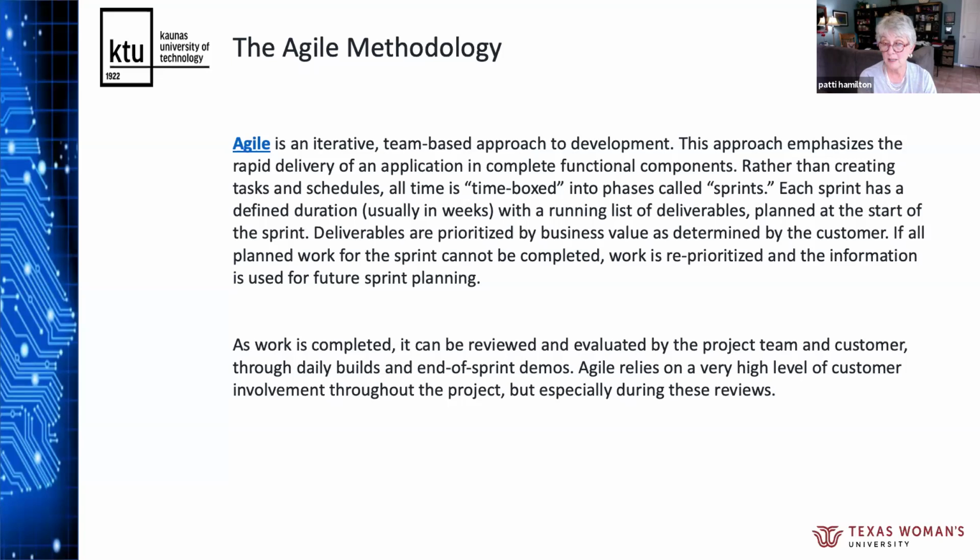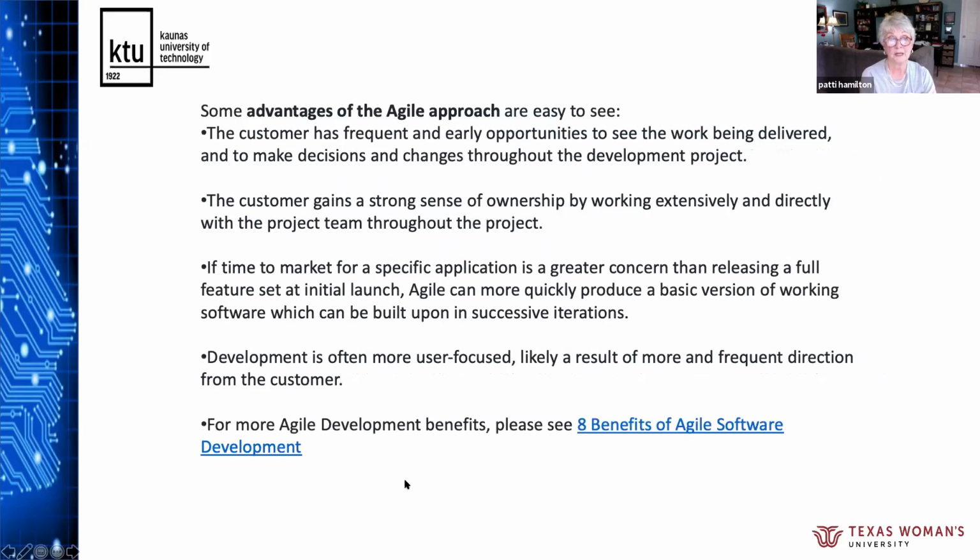So every project team has an end user on it, at least one, so that the customer, the person who knows the most about what this new program or process needs to do, is involved at every step of the way. And that is critical to the agile method. There are some advantages here. The customer has frequent and early opportunities to see the work.